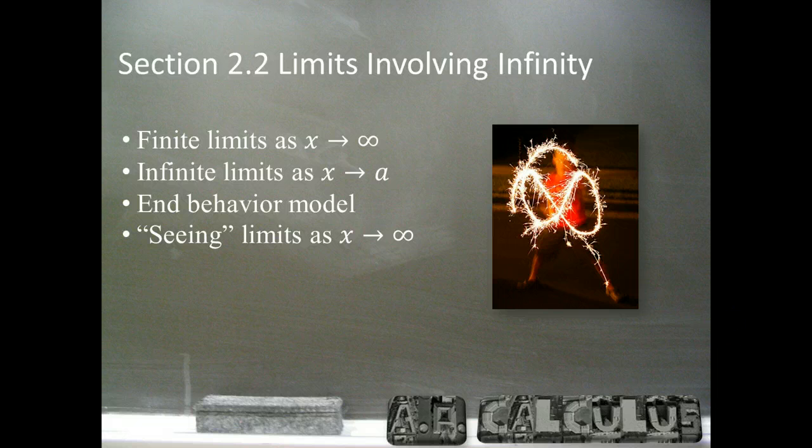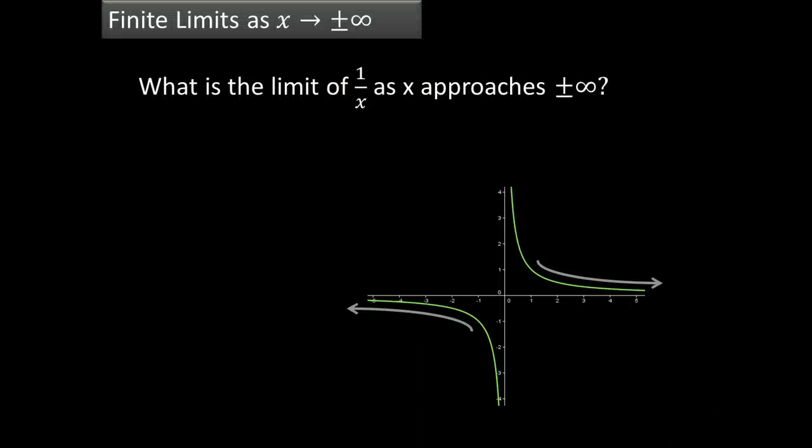So let's get started. Let's talk about finite limits as x approaches infinity. So our first question, what is the limit of the function 1 over x as x approaches positive or negative infinity? Well, here's our 1 over x graph. And as x gets larger and larger, you can see that our function is going to get closer and closer to 0, but not actually touch 0. And the same thing is going to happen as we approach negative infinity.